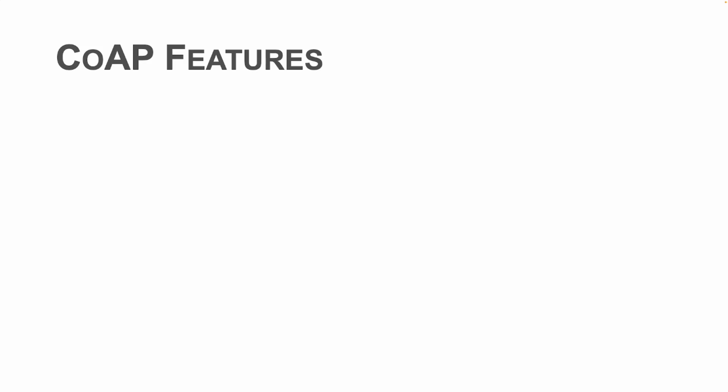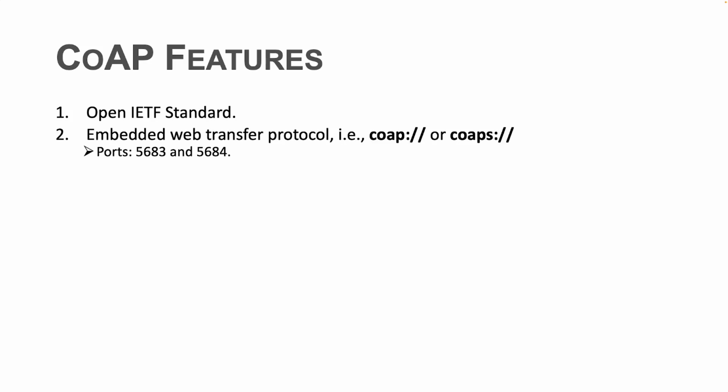Let us now look deeper at the CoAP features. First of all, CoAP, the Constrained Application Protocol, is an open IETF standard. Now, CoAP does have a scheme, coap://, or with security, coaps://. These schemes come with default ports, 5683 and 5684 respectively.